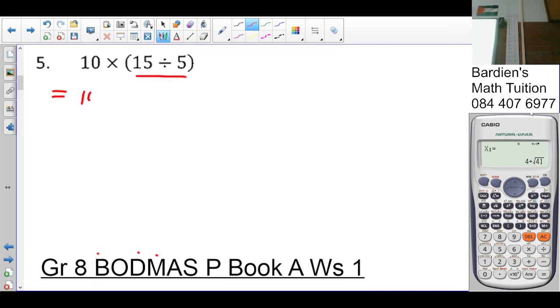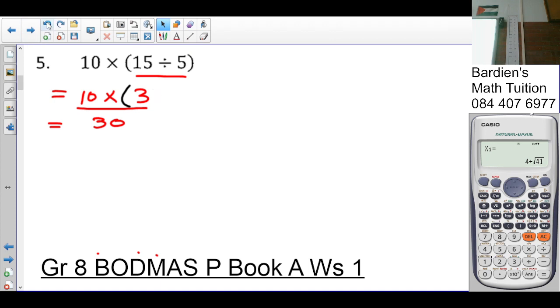Bracket. So it's going to be 10 multiplied by, what's 15 divided by 5? 3. Now we have to do the multiplication. So 10 times 3 is? 30. Did I need to have this bracket here? No. Once we write that as one number, we drop the bracket. You all okay with that?